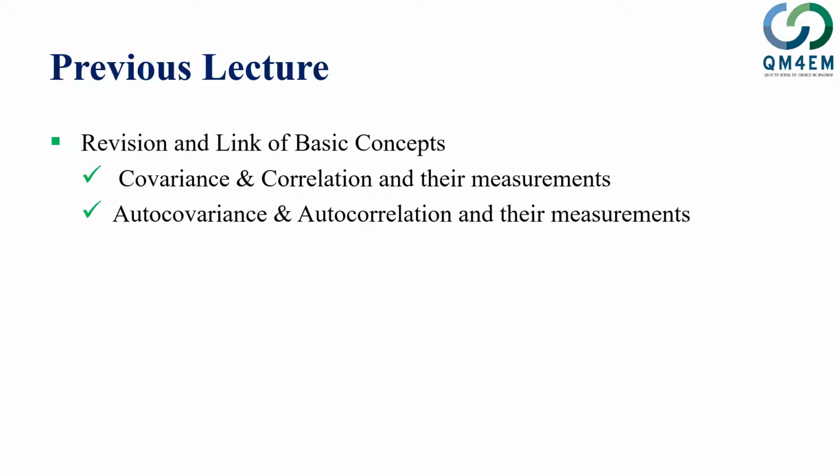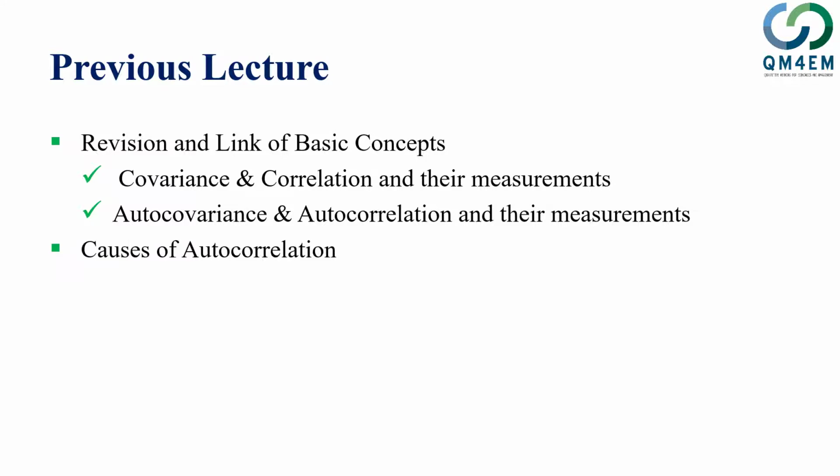Then we talked about how covariance and autocorrelation can be linked with the covariance and correlation concept, and how we can measure autocorrelation. For this particular topic, we focused on autocorrelation measurement, and we said it's measured through the autocorrelation coefficient, and it's represented by rho.